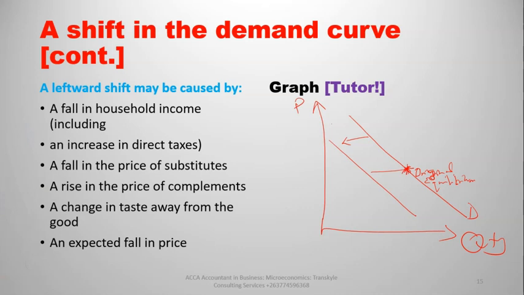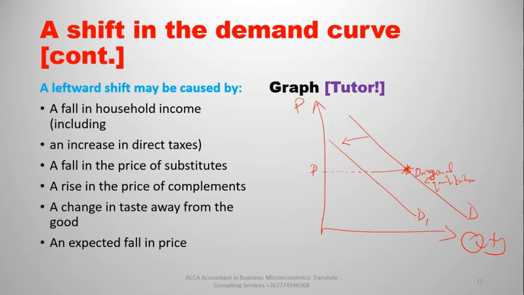So if that was the original demand curve, then a shift to the left would lead to a second demand curve. Let us call that second demand curve D1. All right. So it means that, let us say this was the original price P. All right.